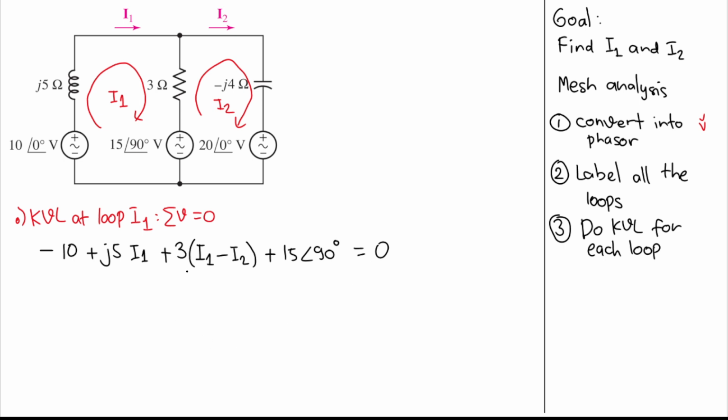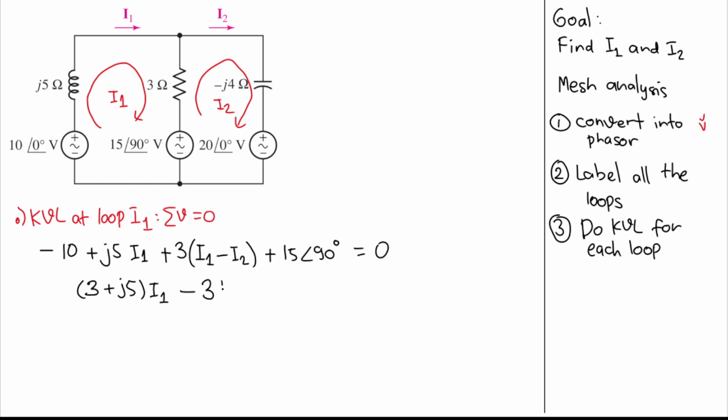Now we will have (3 plus J5) I1, and then for I2, I will have minus 3 I2.